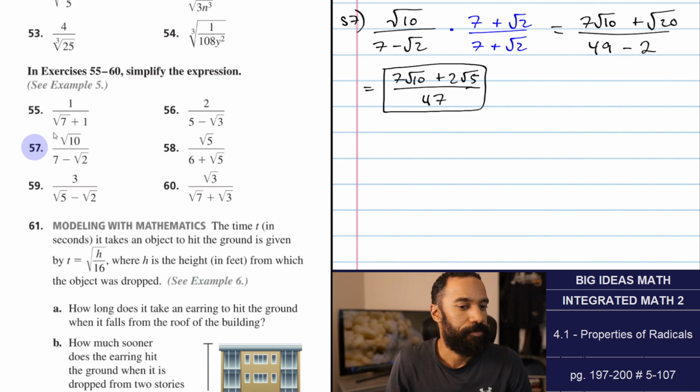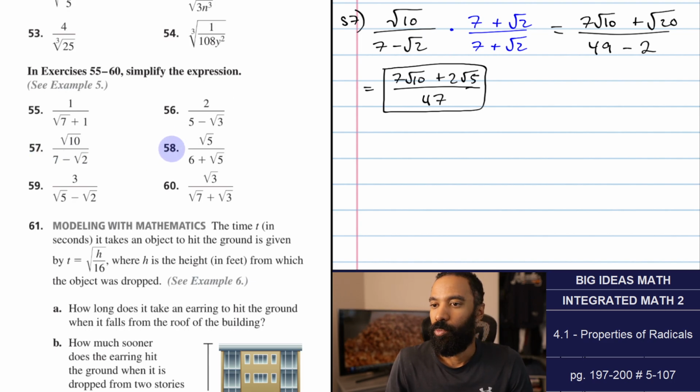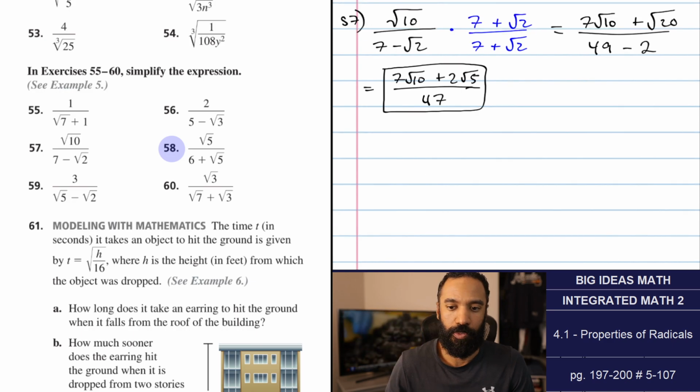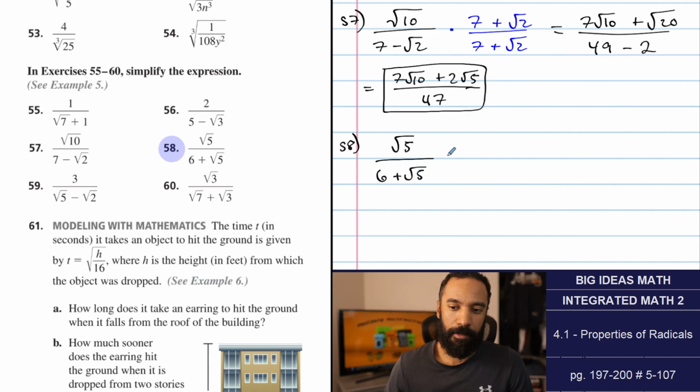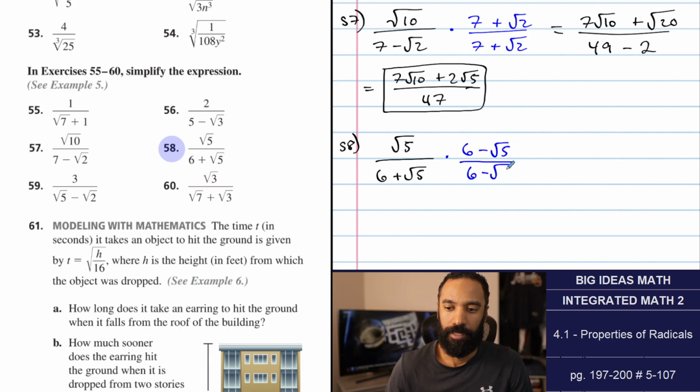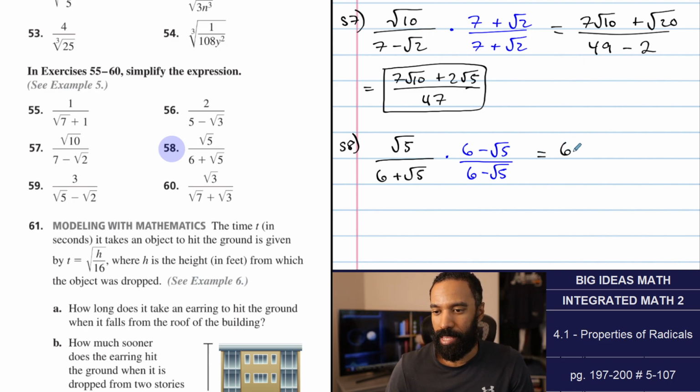Number 58. Root 5 over 6 plus root 5. Okay, we'll multiply top and bottom by its conjugate of 6 minus root 5. And on top, we get root 5 times 6 is 6 root 5.